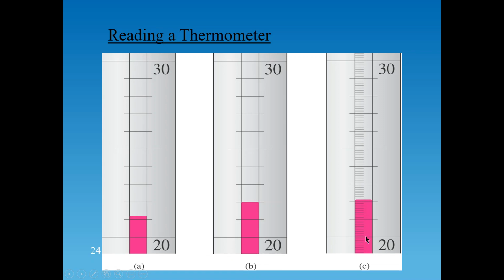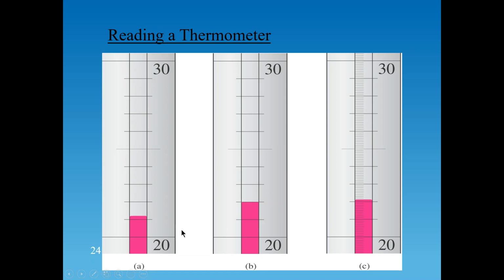While the third one is a bit more precise in that not only do you have the same divisions as we have on the previous 2, where after 20 you have 10 equal divisions between 20 and 30, so that each of these divisions represents 1 degree, in this case you have smaller divisions between the 20 and the 21. So therefore, you'd expect to get more significant digits when you read off your value based on the scale.